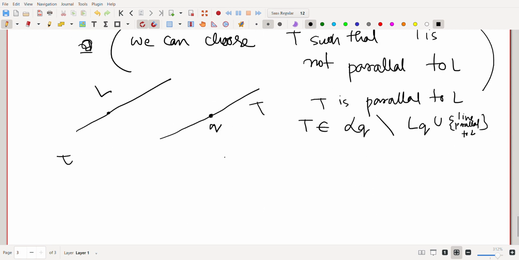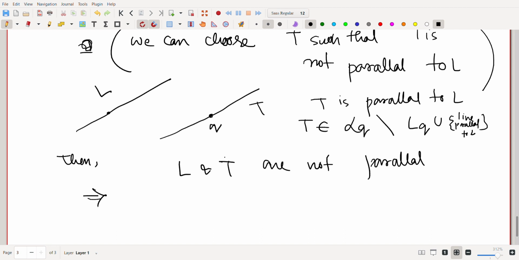Okay, then L and T are not parallel, that will imply L and T must intersect, right?